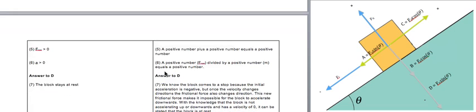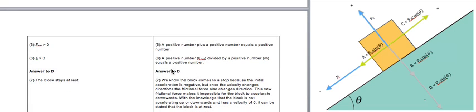So now we can establish that the block stays at rest. And we can say that because we already know that the block will come to a stop when it's pushed up initially, because the acceleration is negative.